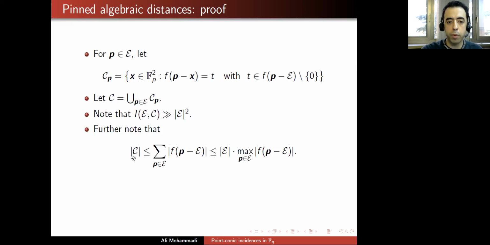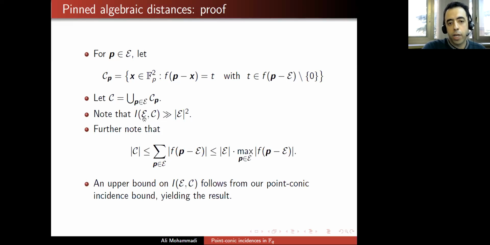So the upper bound for your curves, your conics, is the number of centers times the maximum of the radii, which is the distance set that you're actually trying to find a lower bound for.